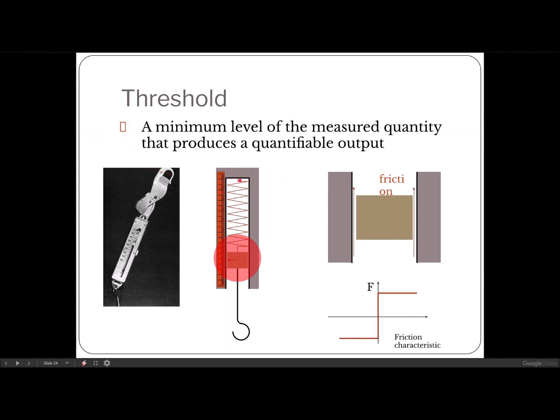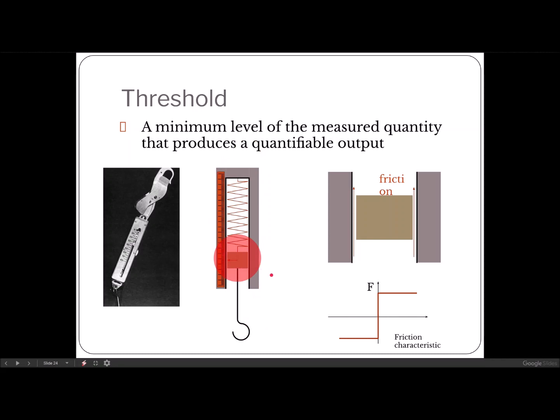So if you hang something on this spring, the spring will expand in length, and the expansion of the length should ideally be linearly proportional to the weight that you attach on this system, right?